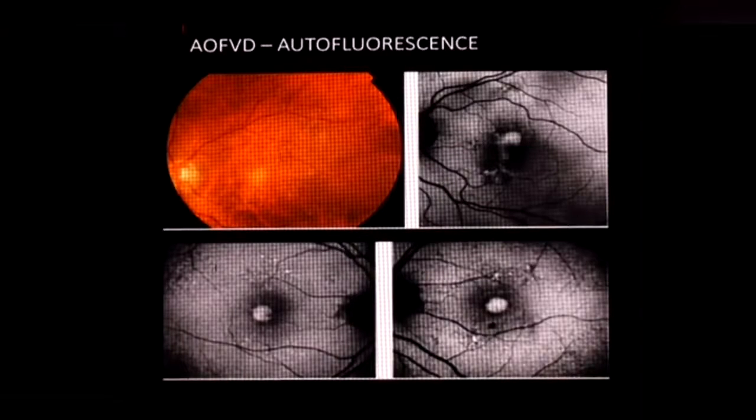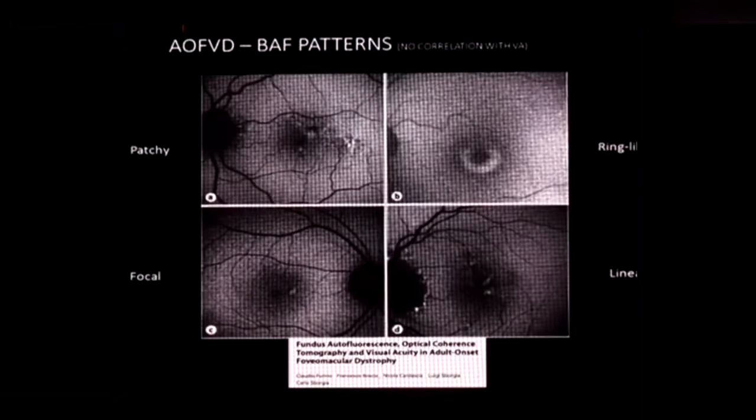Going on to autofluorescence, one would see that the area of the vitelliform lesion typically shows hyperautofluorescence, and this helps to differentiate the area where the lesion is dome-shaped on SD-OCT. But at the same time, the autofluorescence pattern can be varied. It can be patchy, focal, ring-like, and linear.